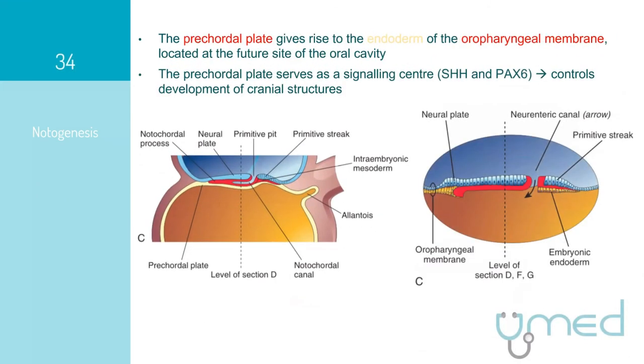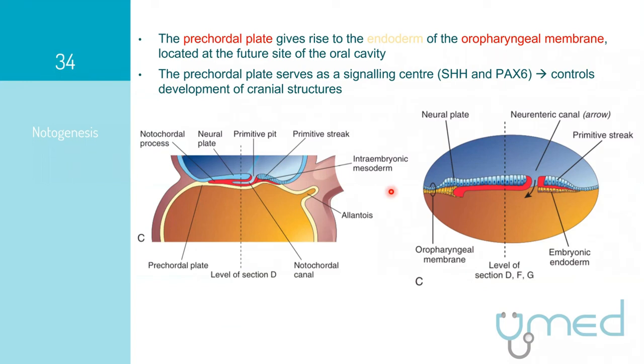All right, so moving on. The precaudal plate gives rise to the endoderm of the oropharyngeal membrane, located at the future site of the oral cavity. You can see it here. It gives rise to the endoderm of the oropharyngeal membrane. So from precaudal plate to oropharyngeal membrane.